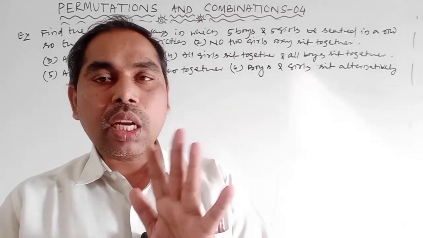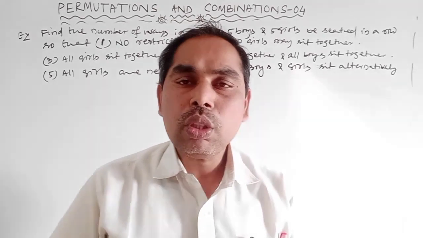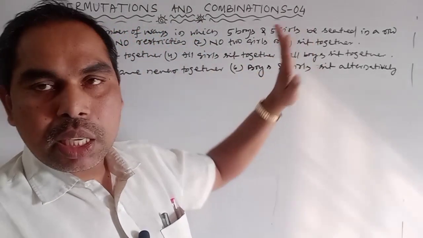So the total number of arrangements by the fundamental principle of counting is 5 factorial into 6P5.